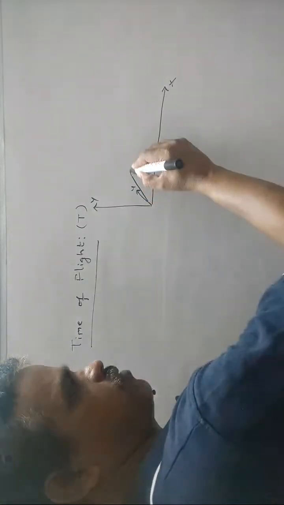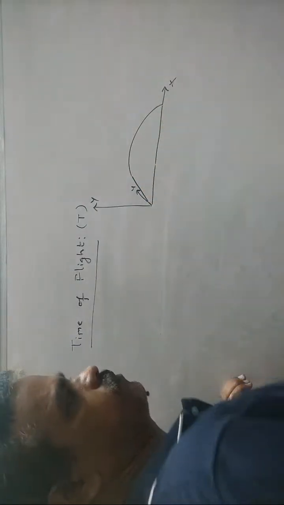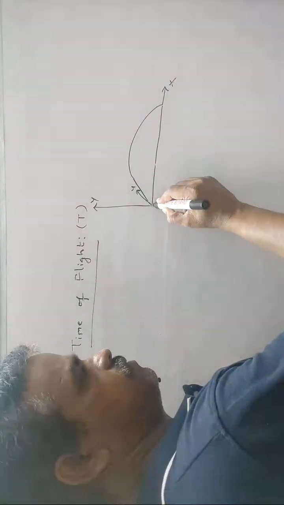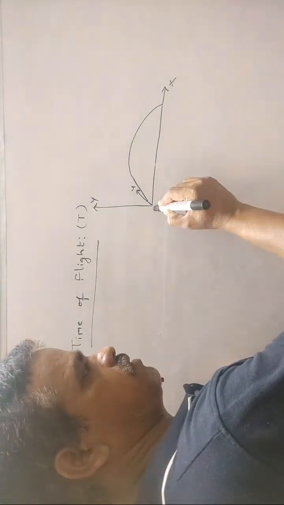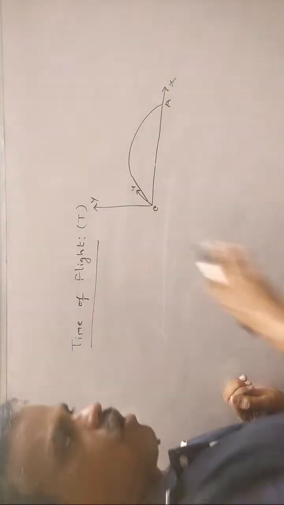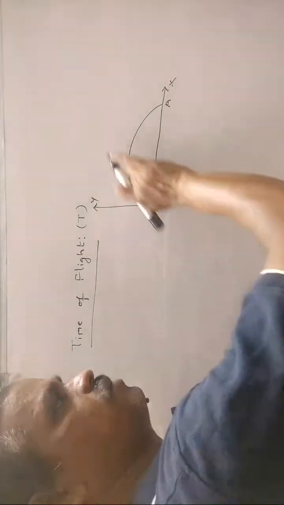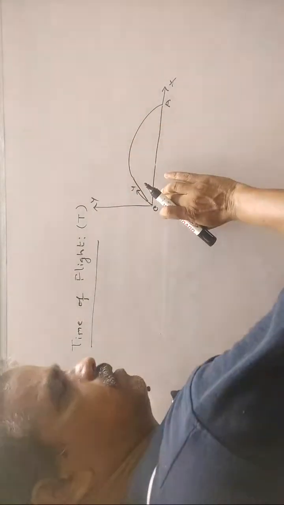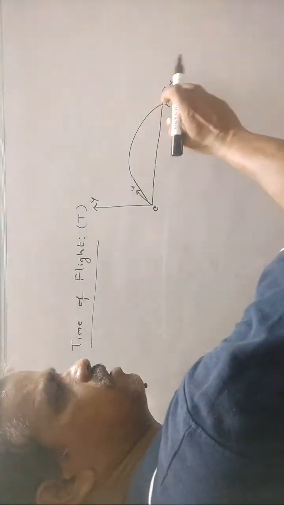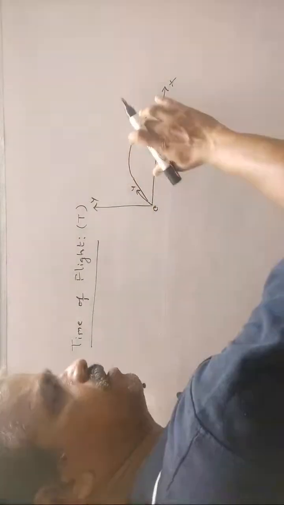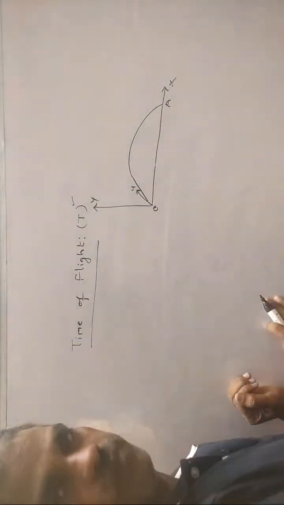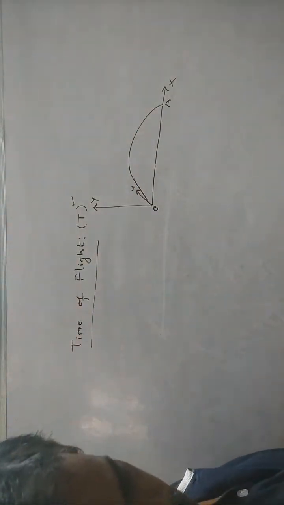After projection, the body moves like this. It started at the origin and finally reached a point A. How much time does the projected body take to reach the ground? The total time taken in the whole journey is the time of flight, T.